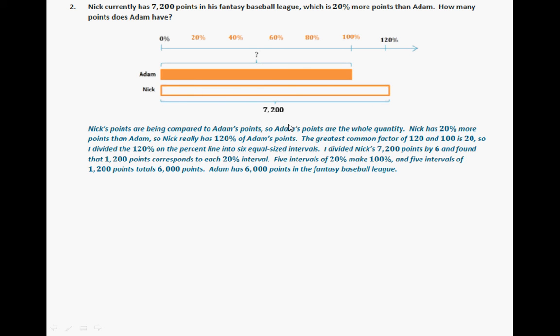So 7,200 divided by 6 is 1,200 points. So if you only do 5 of those, 1,200, 1,200, 1,200, 1,200, and 1,200, you're going to get 6,000 points. So Adam has 6,000 points in his fantasy football league compared to Nick's 7,200 points.